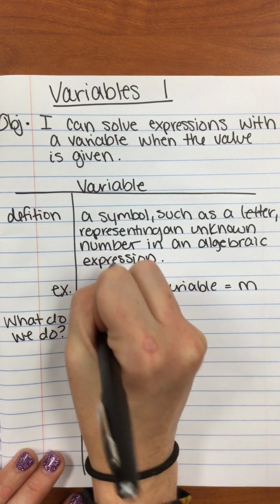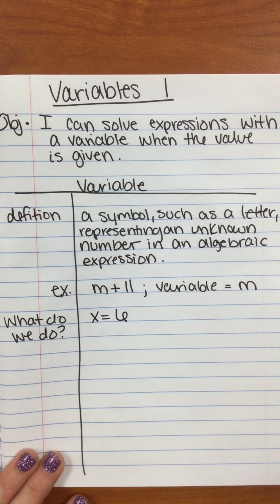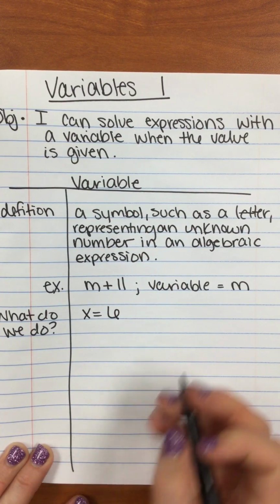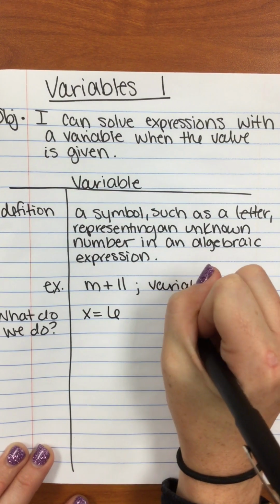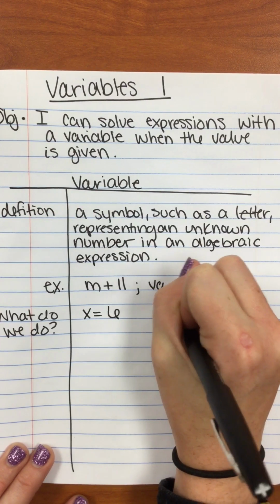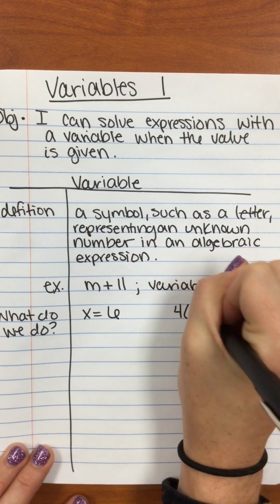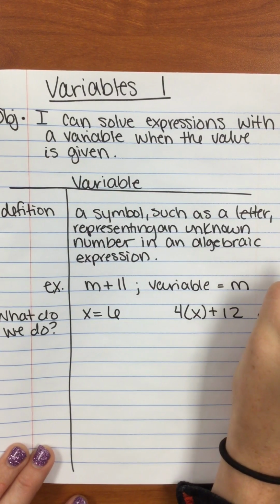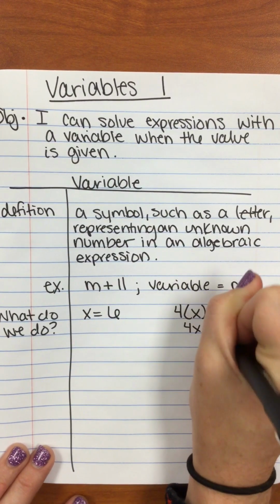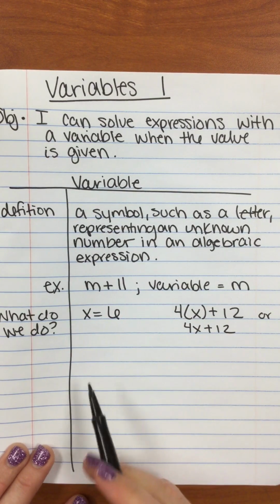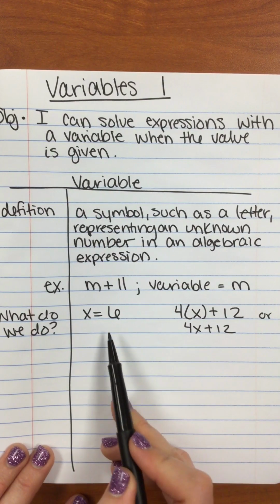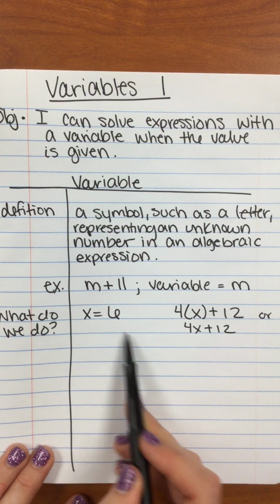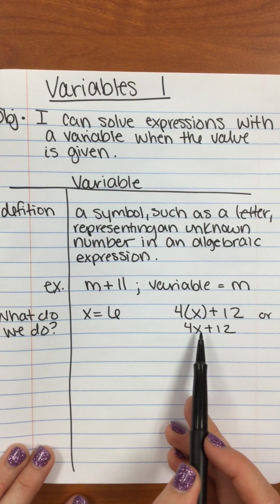If I have x equals 6, what am I going to do if I have the expression 4x plus 12? Or you might see it as just 4x plus 12. What are we going to do? Well, we're actually going to take this 6 and we're going to replace it into our x.